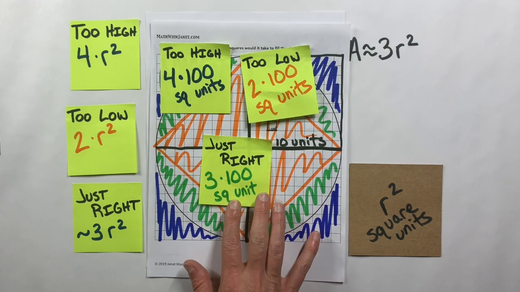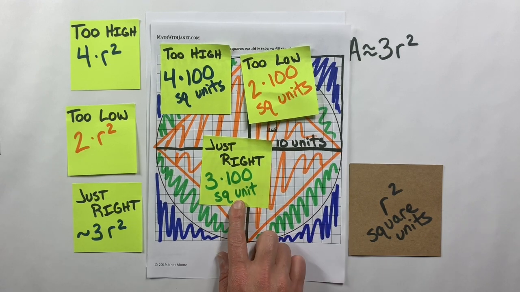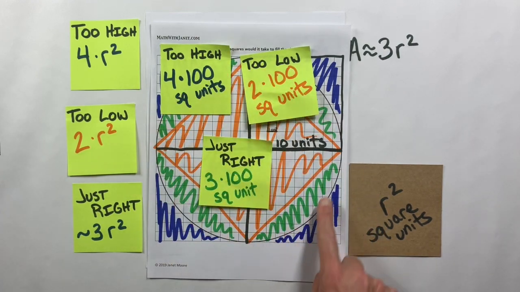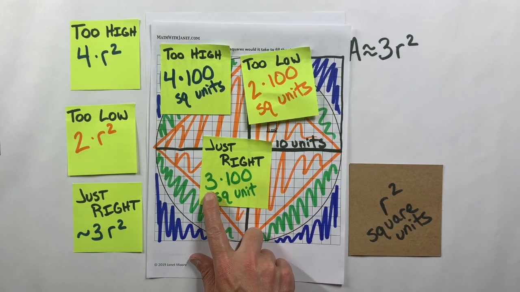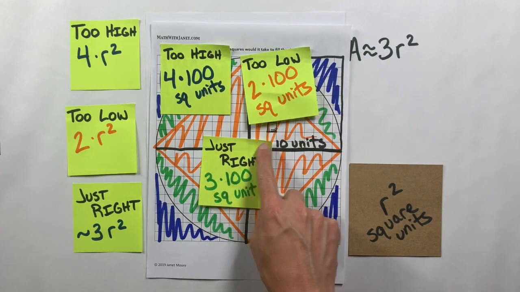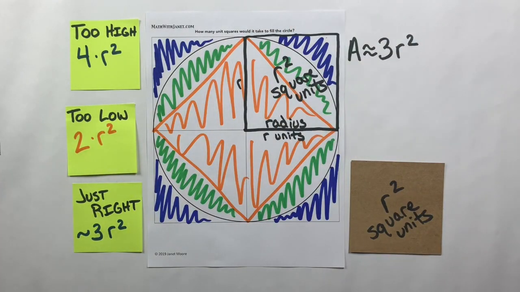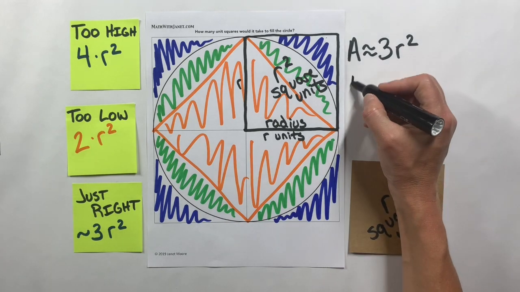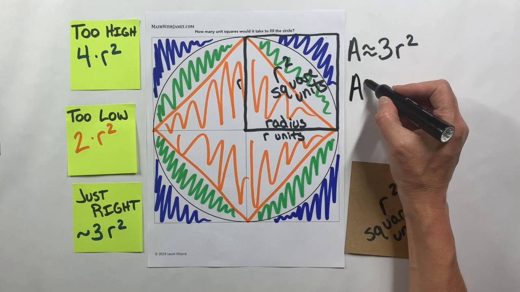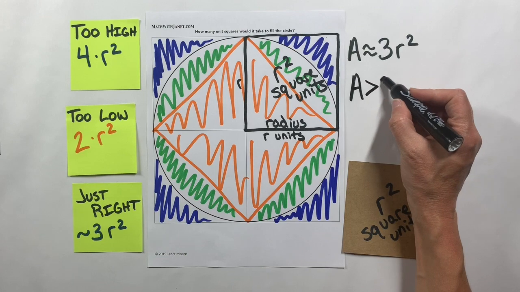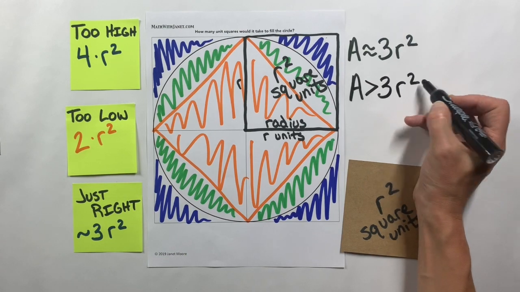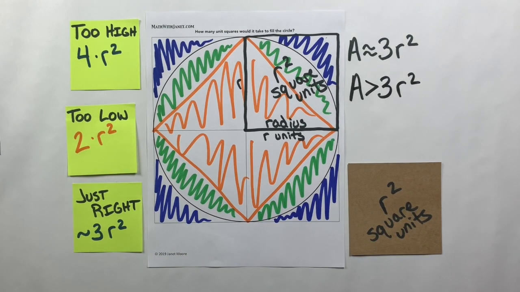If some of the students notice that, you can use that point right now to say, hey, this ended up being a little bit more than 3 of those r squared blocks. So we can probably say that the area is going to be a little bit more than 3r squared, and probably not exactly 3r squared, and definitely not less than 3r squared.